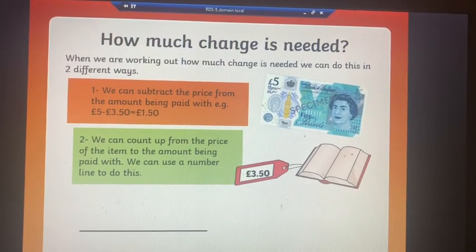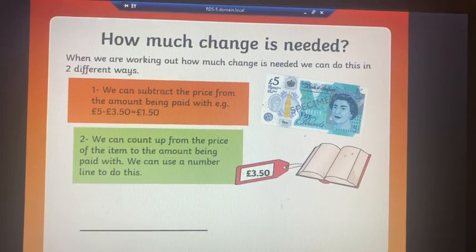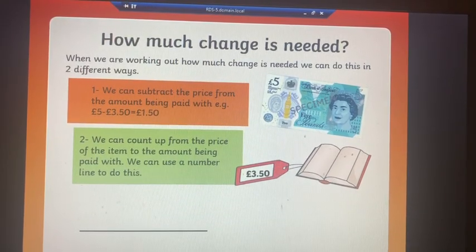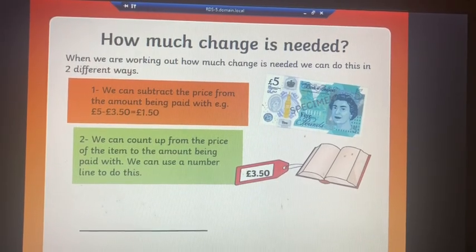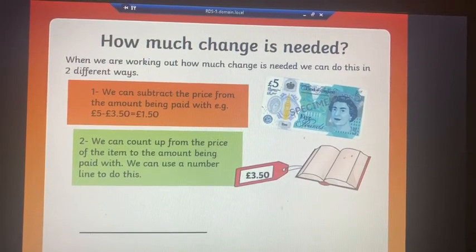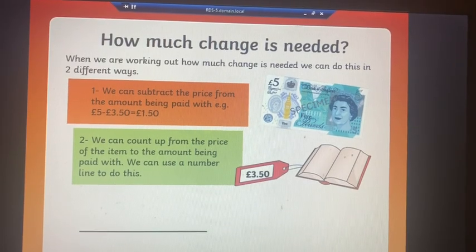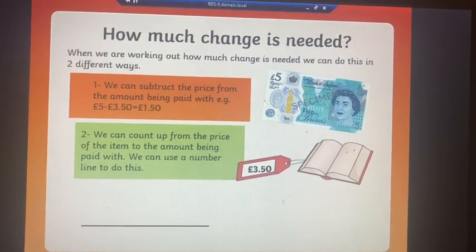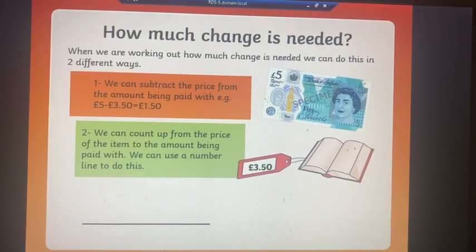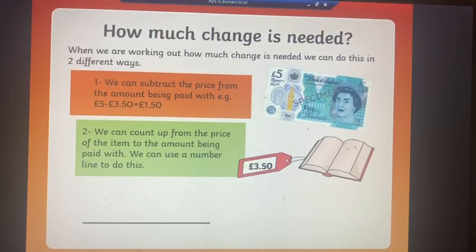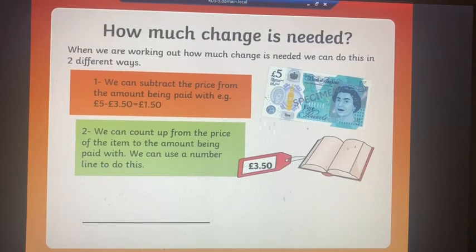The method we're going to focus on today is where we count up from the price that I've paid for the item to the amount that I actually paid with. So for example, I bought this book that was £3.50 and I've paid with a £5 note. So I need to count up from £3.50 to £5, and I'm going to show you how to do that now using a number line.